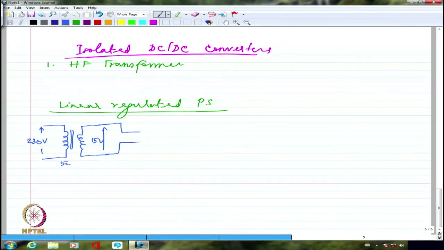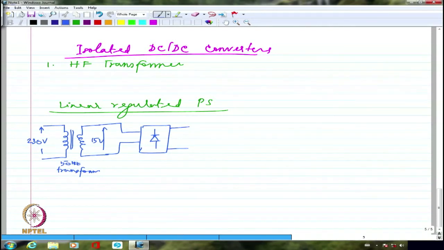Now the output of this transformer is going to be rectified, in all probability, with the help of a simple diode bridge rectifier. This diode bridge rectifier's output will be given to a voltage regulator. The voltage regulator is generally a transistor working in the active region.